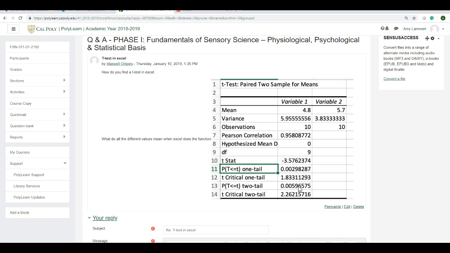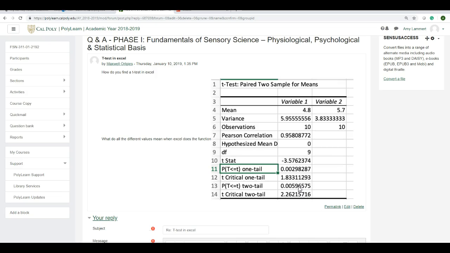So what you have to do is determine which tail is more important for your objective, which is why the objective of a test is important and needs to be done first. Once you know what objective you're looking at, then you can decide which p-value.